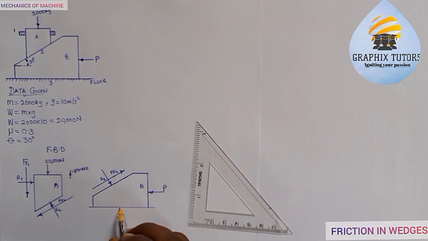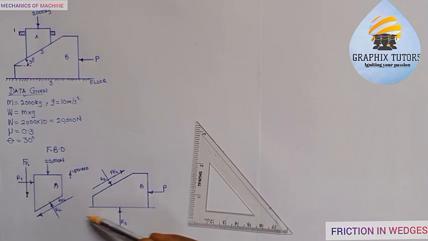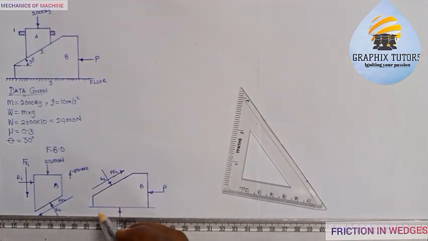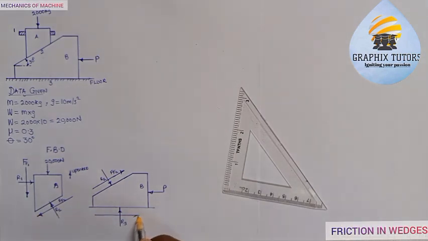So I'm having it this way. This is my reaction here. I'll call it R3. Now, if I'm applying this force forward this way, friction will be opposing relative motion and will go in the opposite direction, in this manner.